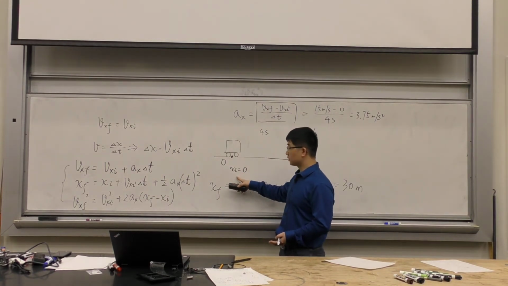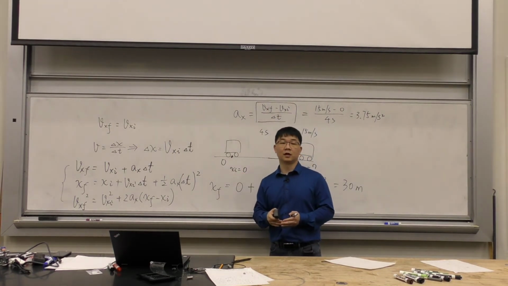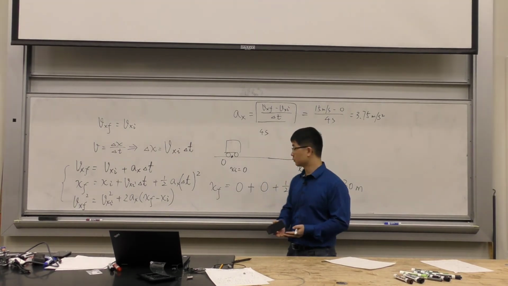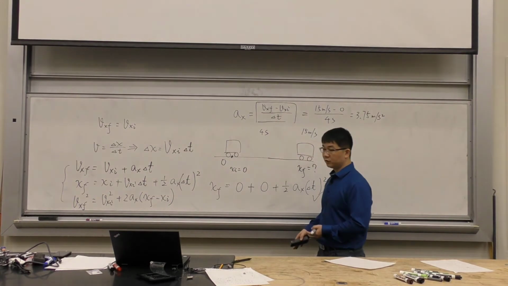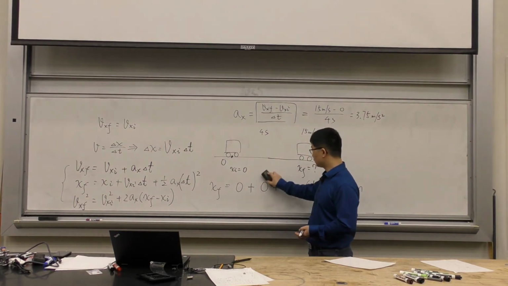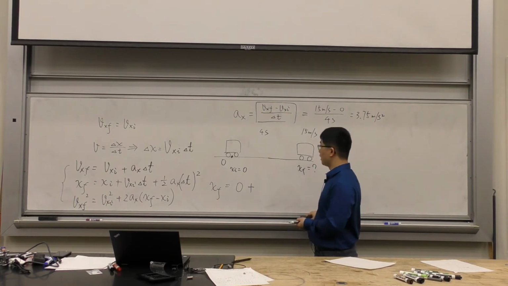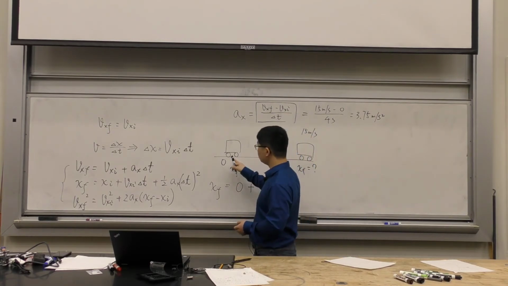I already have xi because I set up my origin as the very beginning of the motion, 0. What is the initial velocity? Now the initial velocity is not 0, because we just learned that this guy has an initial velocity.